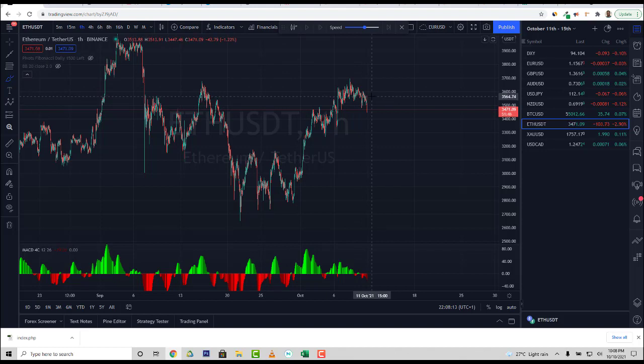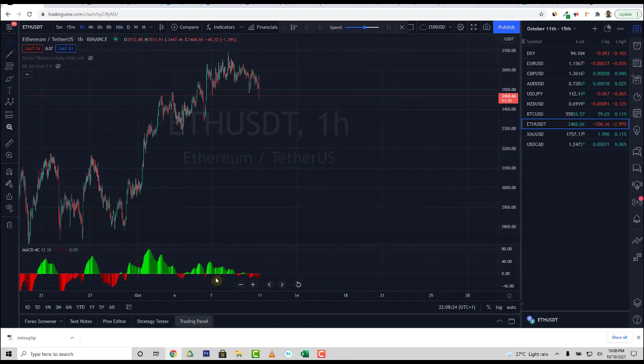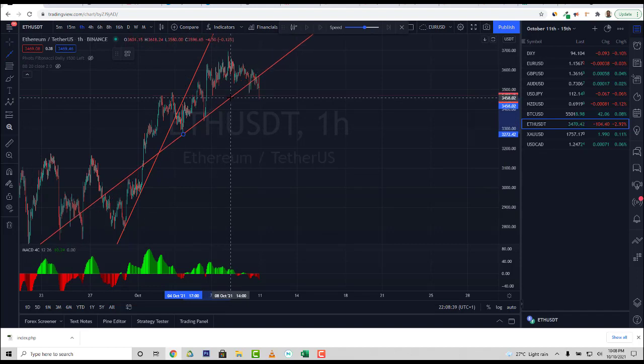Okay, for Ethereum, I'm also expecting a correction. I think it has also done the correction here. It has already had this correction right here. So I believe that Ethereum, let's check this out, guys. We have this, okay, then we have this.